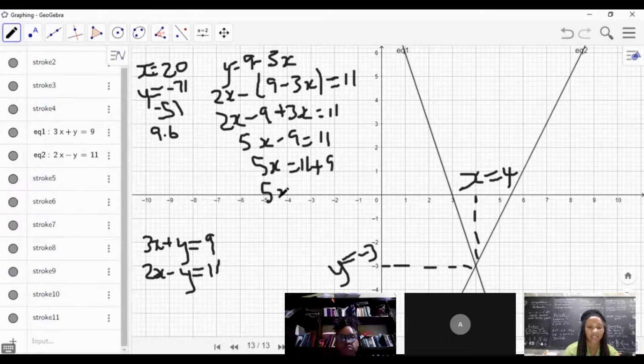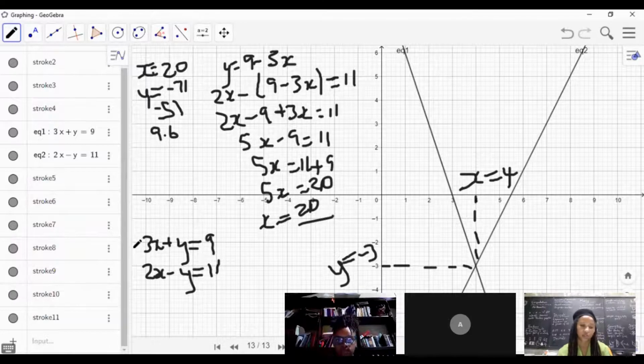And if 5x is equal to 20, x must be equal to 20 divided by 5, which is 4. And then you would plug that in now in this equation. 3 fours are 12, and take the 12 from 9, you'd get negative 3, right?